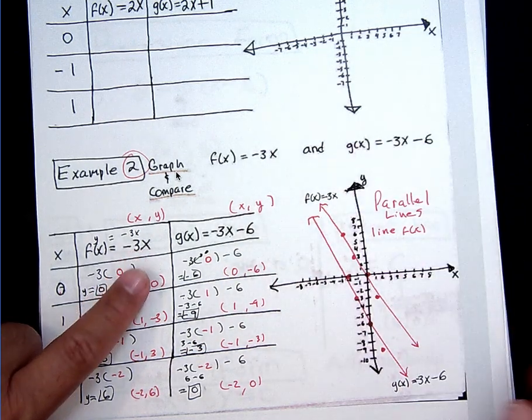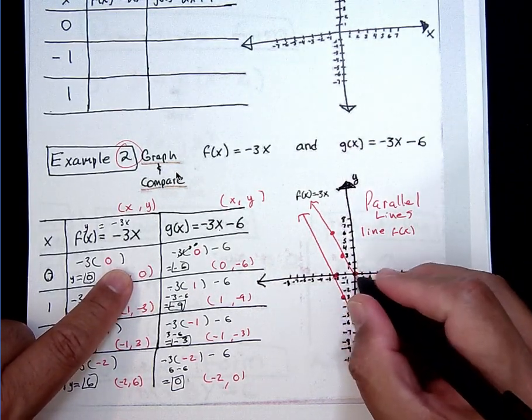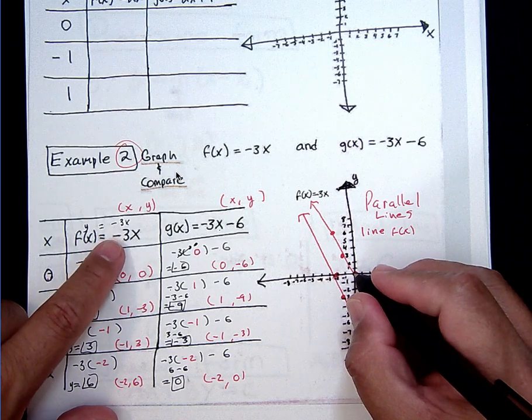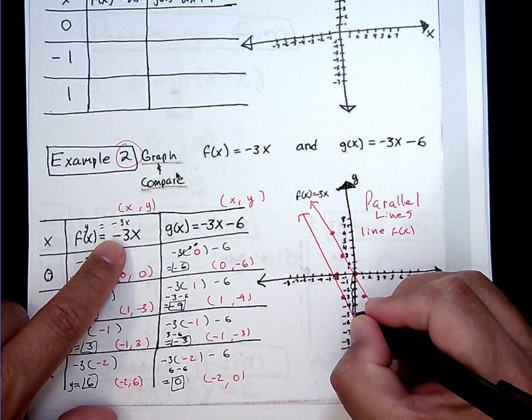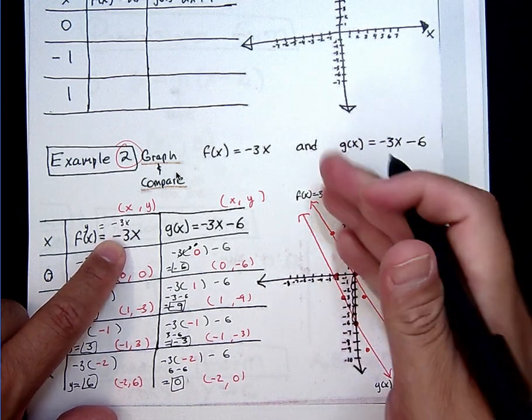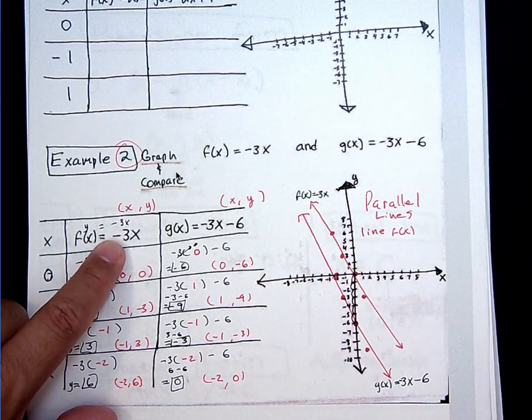So they want you to understand what happened. This is f of x, which is this, and it went down 1, 2, 3, 4, 5, 6 units. So this line went down 6 units.